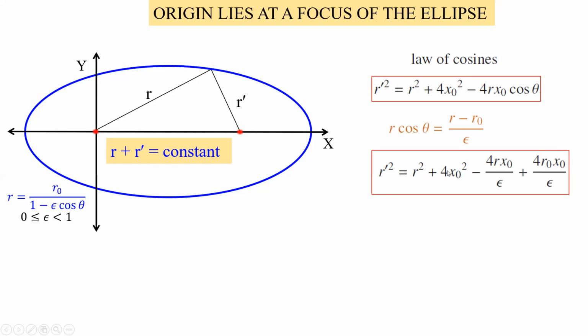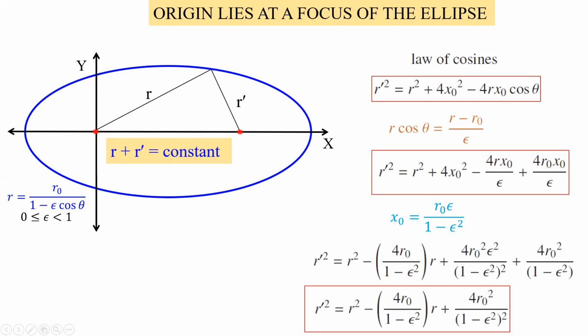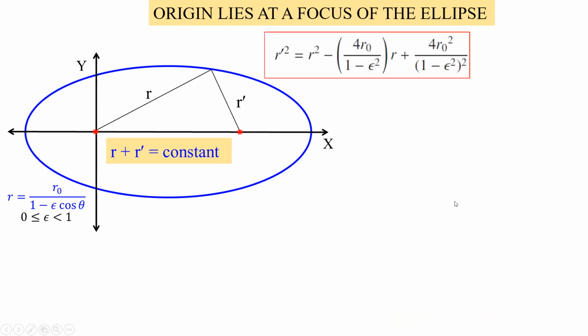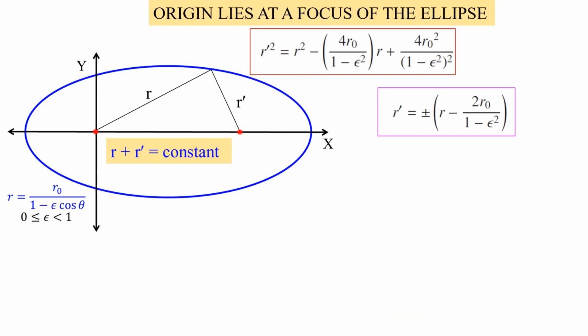Now in this expression, we know the value of x naught, and we substitute it here, and on simplification we get a wonderful expression in which the right hand side is a perfect square. Therefore the value of r dash will be plus or minus r minus 2r naught divided by 1 minus epsilon square. This is nothing but the major axis, that is, r dash is equal to plus or minus r minus major axis. But we know every time the major axis will be greater than the value of the radius.